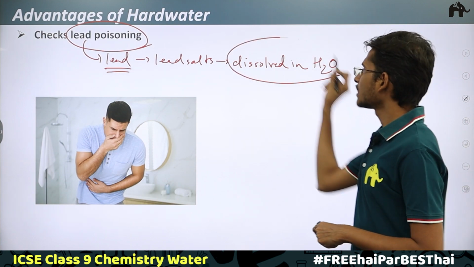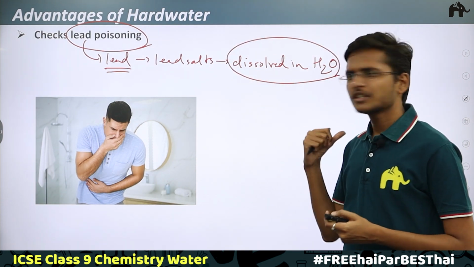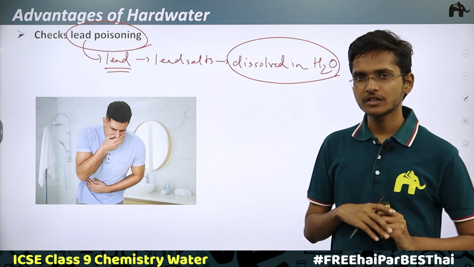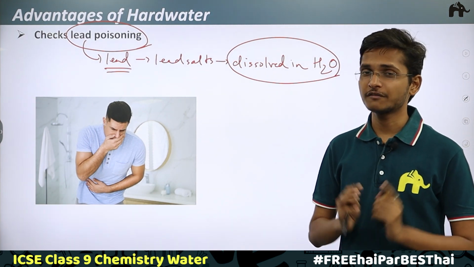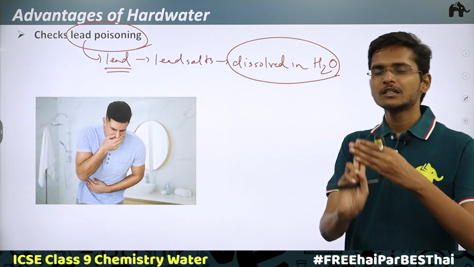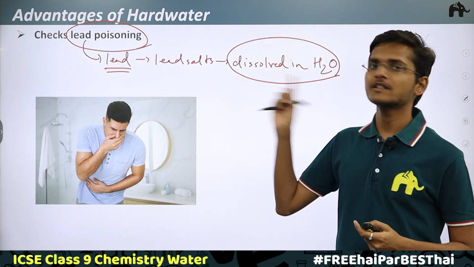If the lead present in the water is above the permissible or dangerous limit, it is harmful for us, and we may get poisoned by the lead. So hard water puts a check on this lead poisoning.